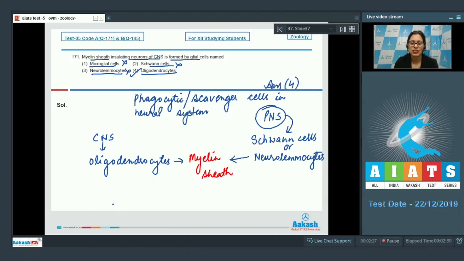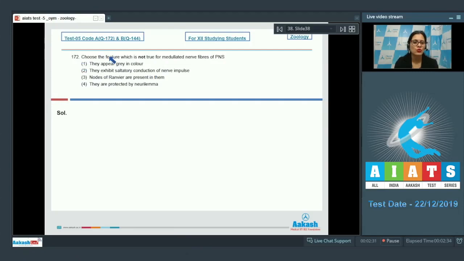Let's discuss our next question. Question number 172. Choose the feature which is not true for medullated nerve fibers of PNS. The very first statement given is they appear grey in color. As it is an incorrect statement, this is the correct answer to our question.